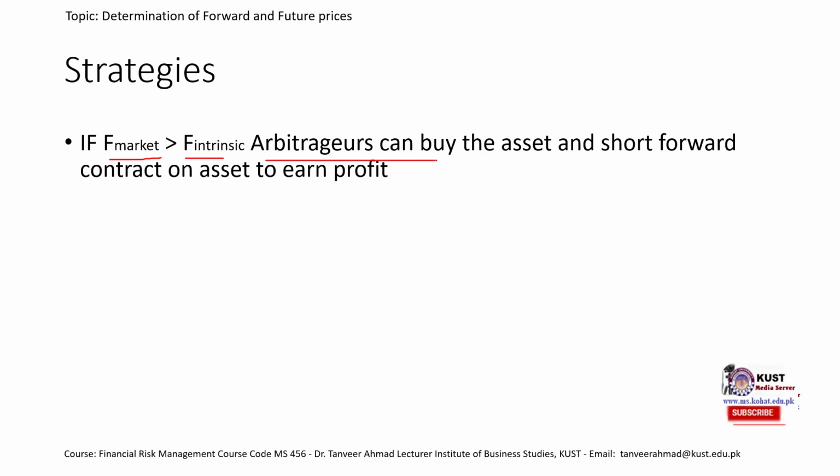So the arbitrager can buy the asset and short the forward contract to earn profit. Remember, we are discussing how the arbitrager would earn profit if forward market is greater than forward intrinsic. And in the previous formula, what we are going to determine is the forward intrinsic. The forward market will already be observable. It will be the market price.